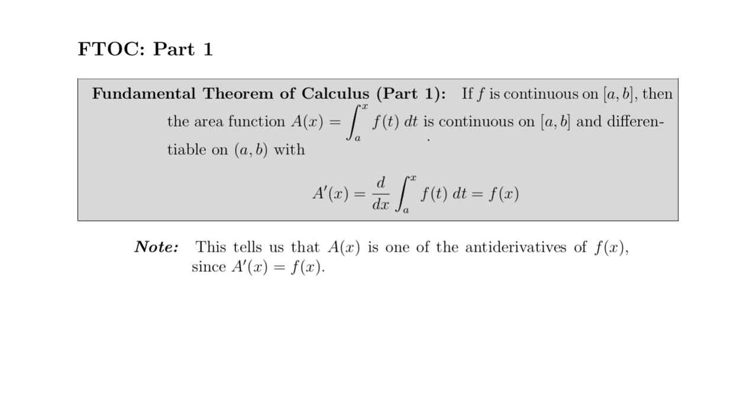So here's the first part of the fundamental theorem of calculus. I normally abbreviate this FTOC because I'm lazy when I'm writing things on a board. If f is continuous on this closed interval from a to b, then the area function A of x that we've defined here from a up to x, where x is in this interval, is continuous on the closed interval, and specifically it's differentiable, meaning the derivative exists on that interval, and the derivative is exactly what we just said it was.